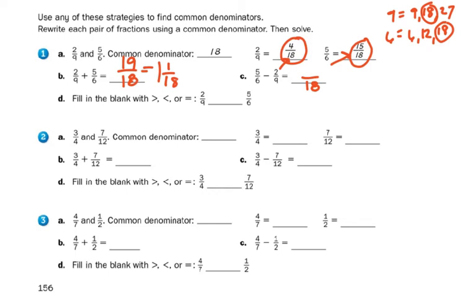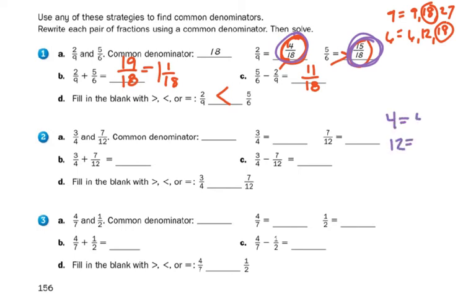Just like in whole numbers, the larger number needs to be listed first. 15 minus 4 is 11, so 11/18. So I know that 2/9 is less than 5/6.